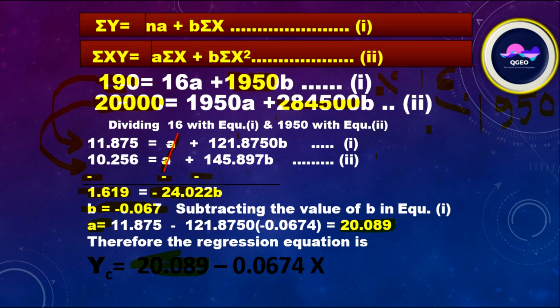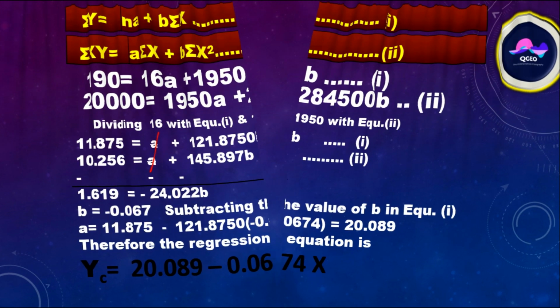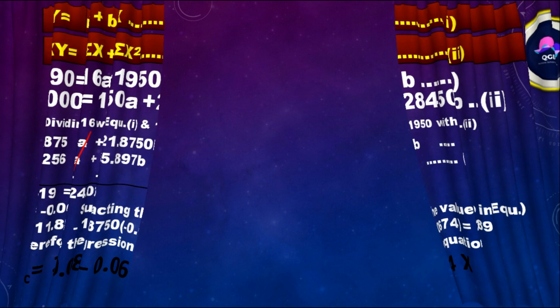Here the value of b comes with a negative sign, so the term will be negative. If the value of b came with a positive sign, then plus into plus would be plus. But here it is a minus sign, because plus into minus is minus. In this way we can calculate this.